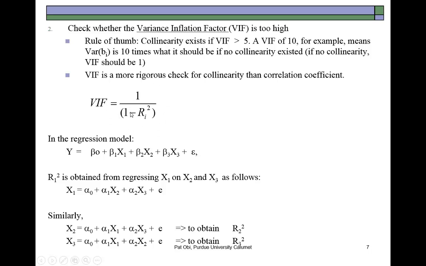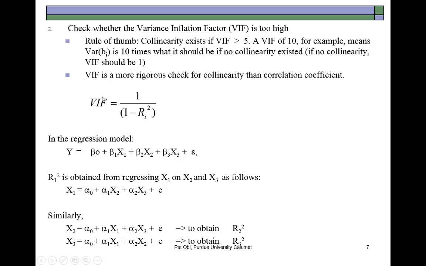Now, this is interesting because to calculate the variance inflation factor, we're actually going to be running a regression of each independent variable against the rest of them. As you see here, we're going to regress x1 on x2 and x3, regress x2 on x1 and x3, and regress x3 on x1 and x2, if we have a multiple regression specification of this nature with 3 independent variables.